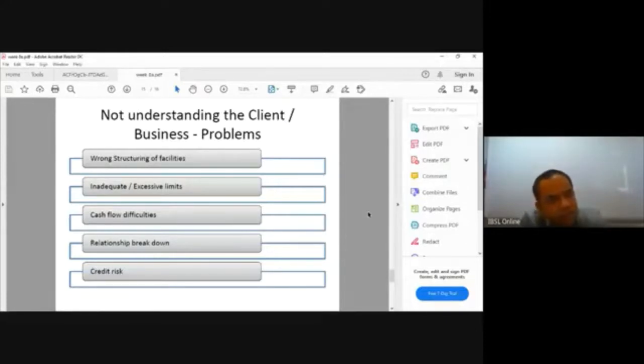Half of the problems we have, I'm not talking about the COVID-19 related loan issues we have. COVID-19 issues are completely different, because what happened to the customers was beyond their control, right?